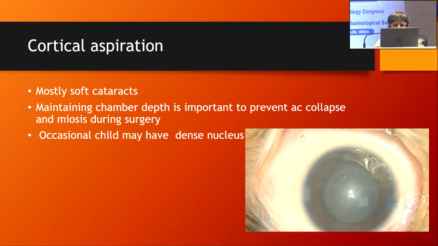Cortical aspiration, mostly they are soft cataracts and you can aspirate them. Maintaining anterior chamber depth prevents AC collapse, but an occasional child may have a very dense nucleus.